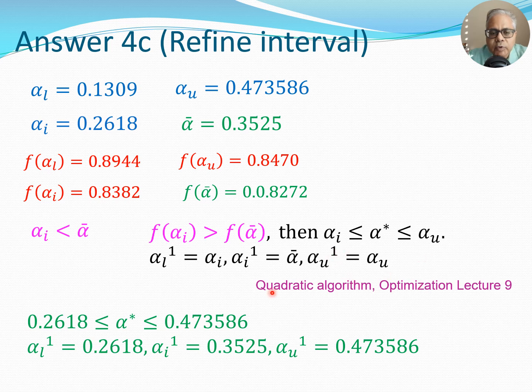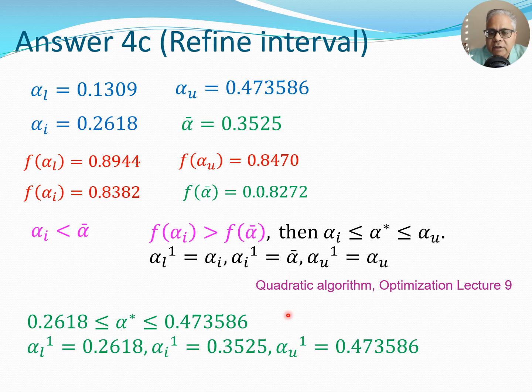Therefore, what we will do is that we will set alpha L1 as alpha I, alpha I1 as alpha bar, and alpha u1 as alpha u. So you see what's happening here. The lower bound has become alpha I, the maximum bound has become alpha u, and the point between these two has become alpha bar.